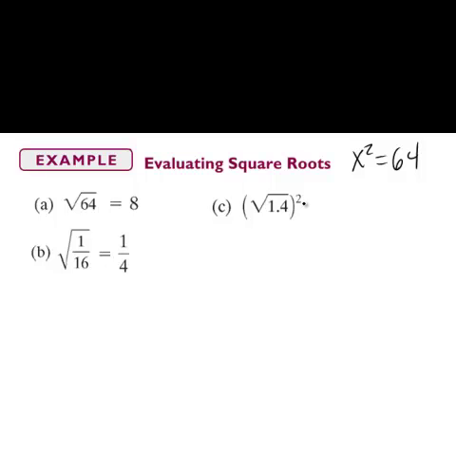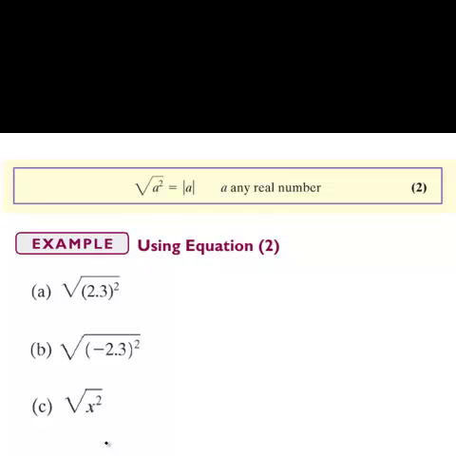The square root of 1.4 squared is going to be 1.4. Right? Squares and square roots cancel each other out. They're opposite operations of each other. Also remember that the square root of the square of a number is going to be the absolute value of that number. So if you want to take the square root of 2.3 squared, the answer is going to be 2.3.